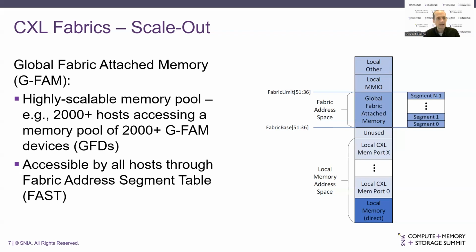The way that the hosts access this GFAM space is through something called the fabric address segment table. That is a flat space of memory in host address space, where the memory span is broken up into equally sized segments, and each of these segments is configured to correspond to a particular GFD.